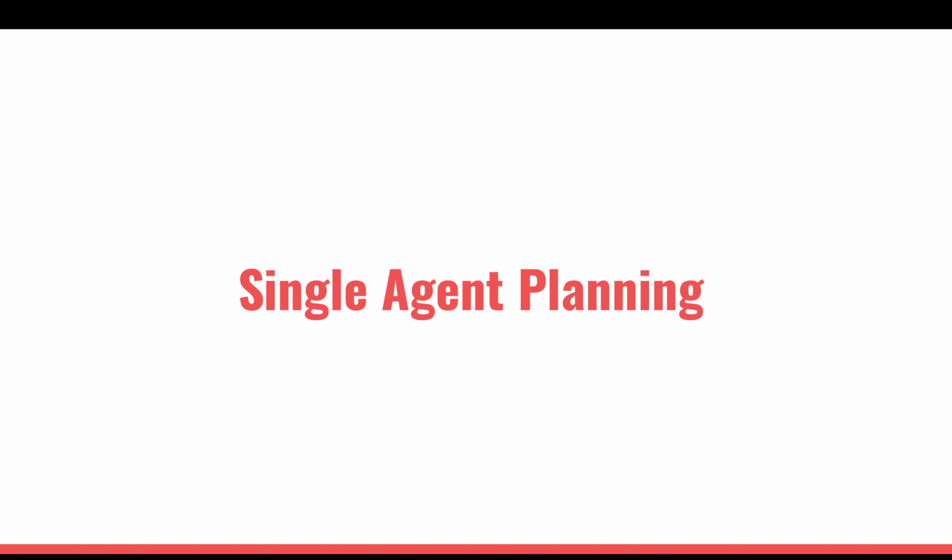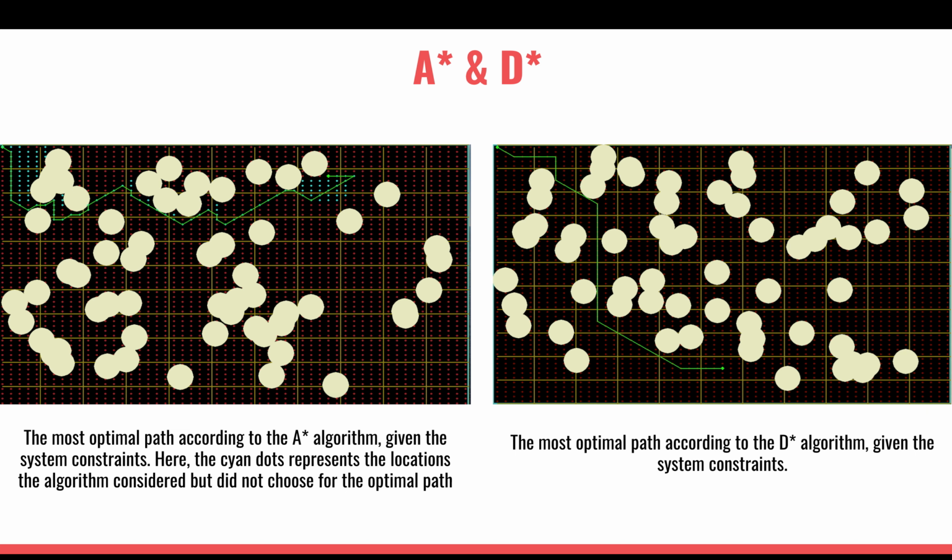We started with implementing single agent planning algorithms such as A star and D star, with A star being an extension to the classic Dijkstra's algorithm for finding the optimal path for a graph problem, and with D star being an extension to A star, where it works more optimally for a dynamic environment.